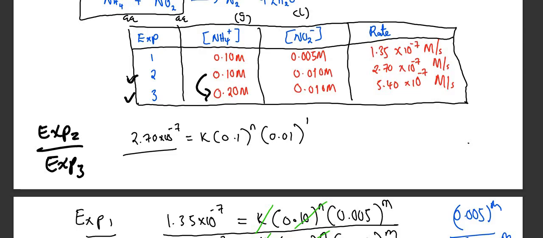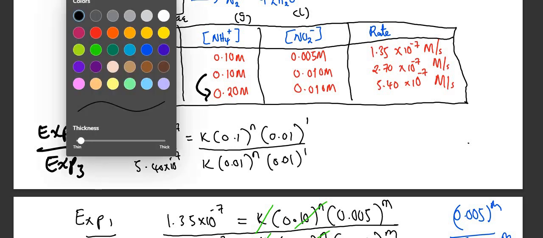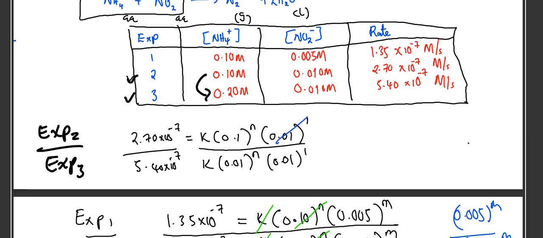Then the second experiment, which is 3, the rate is 5.40 times 10 to the power negative 7. Then on this side we have K, 0.01 to the power N, and 0.01 to the power 1 again. You notice that this part is going to cancel because they're the same. The K again goes away.